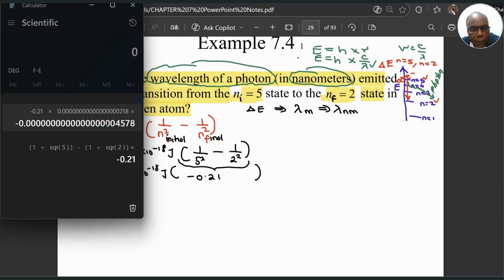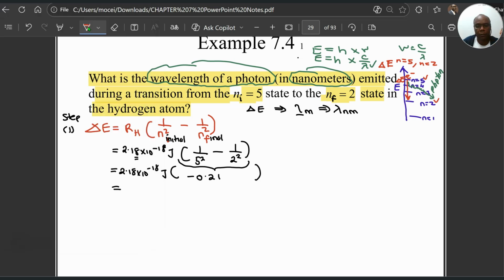Let's see how many decimal places to move after the 4: 1, 2, 3, 4, 5, 6, 7, 8, 9, 10, 11, 12, 13, 14, 15, 16, 17, 18, 19. So my delta E here is going to be negative 4.578 times 10 to the power negative 19 joules.